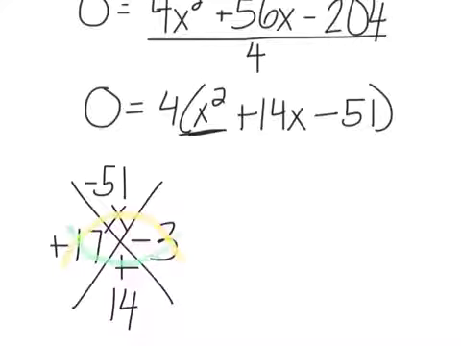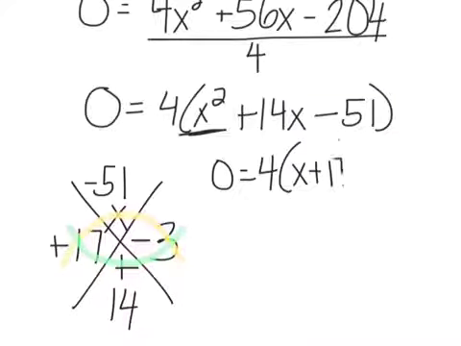And 17 plus a negative 3 gives me 14, which is what I wanted. So now I'm ready to factor. So I have 0 equals 4 times x plus 17 times x minus 3. And now I'm again ready to solve this problem.